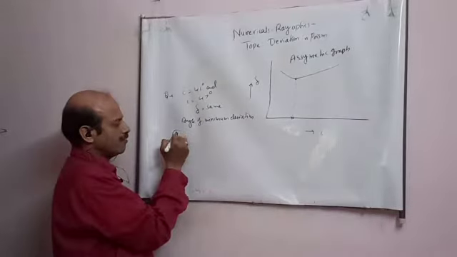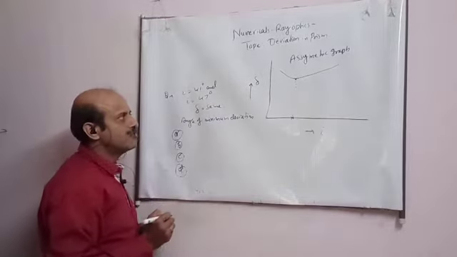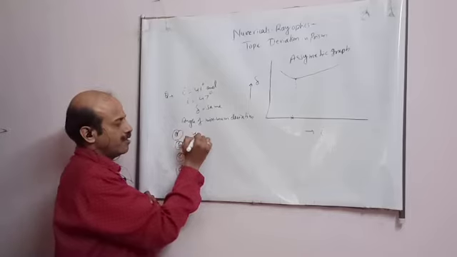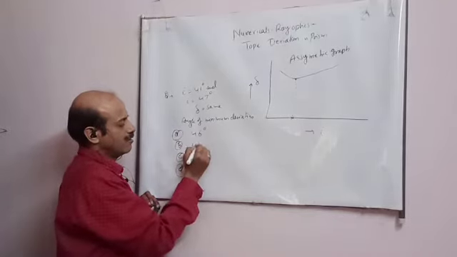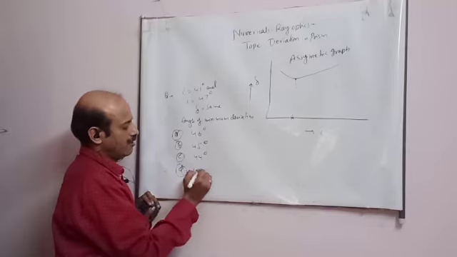Four values will be given to you, student. In this case, choose the angle of minimum deviation. So some values may be written like this: 46 degree, 45 degree, 44 degree, 43 degree.